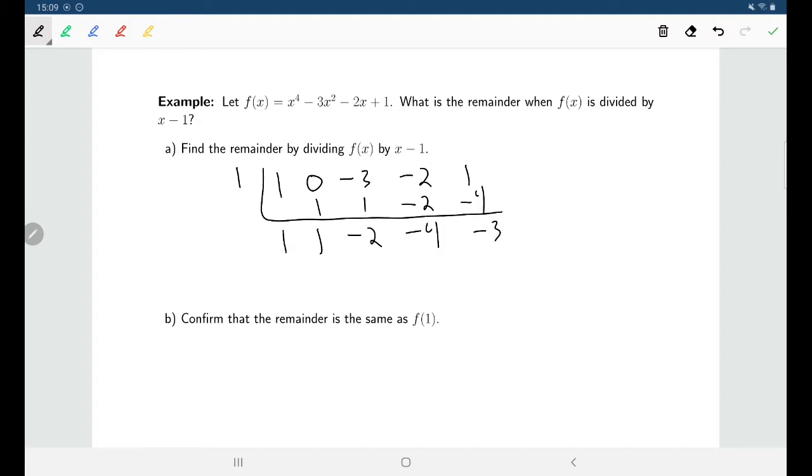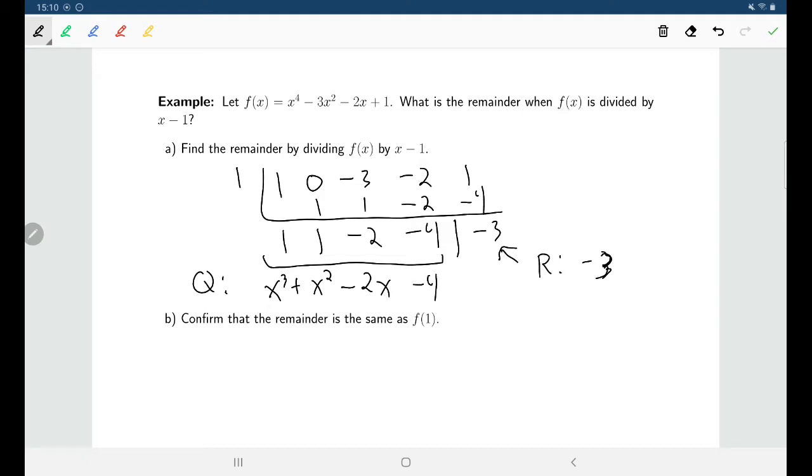So I've carried out my synthetic division as usual, bringing down my first coefficient, multiplying and adding, and carrying out my steps as always. And I find that that last number, negative 3, should be my remainder. And if I wanted to mention my quotient here, the quotient should be x cubed plus x squared minus 2x minus 4.